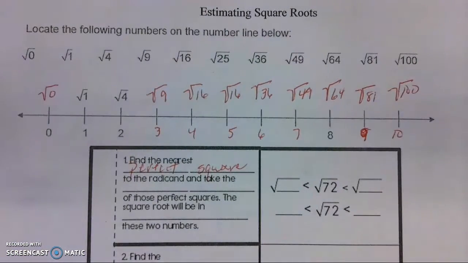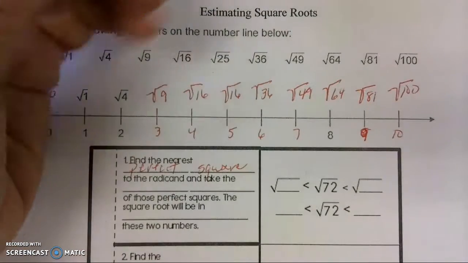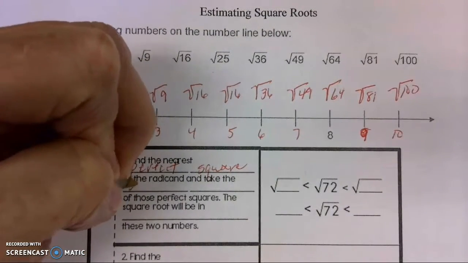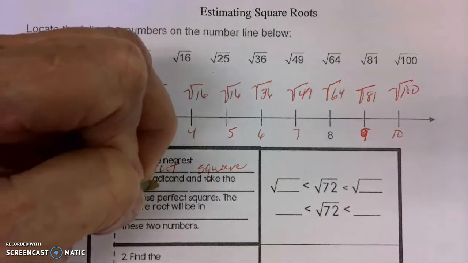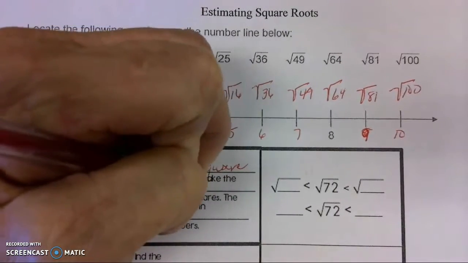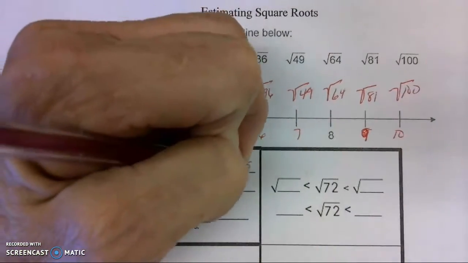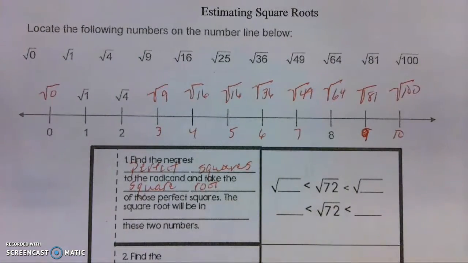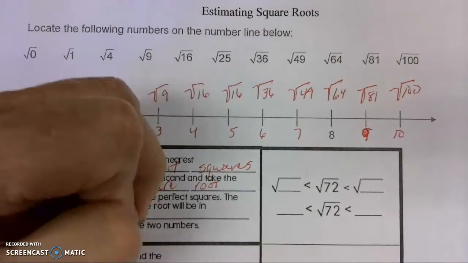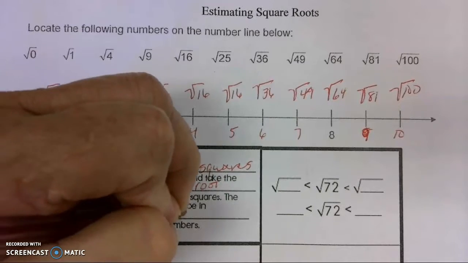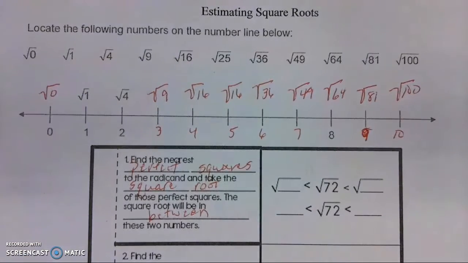So find the nearest perfect square to the radicand and take the square root of those perfect squares. The square root will be in between these two numbers.